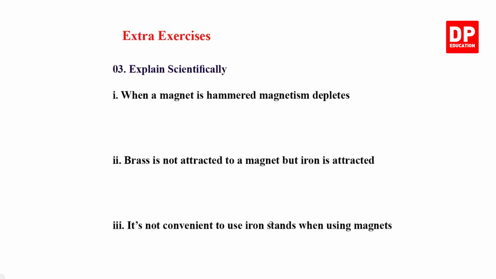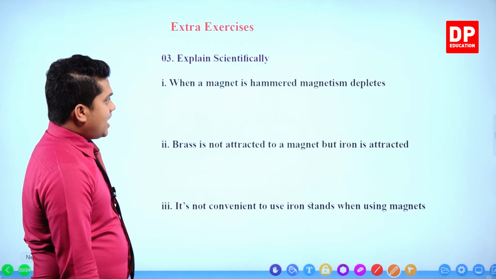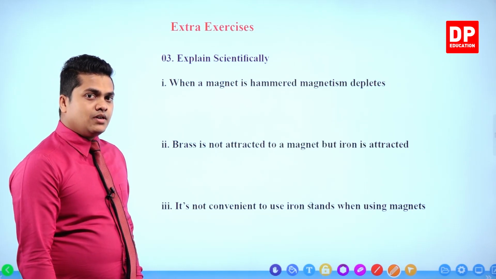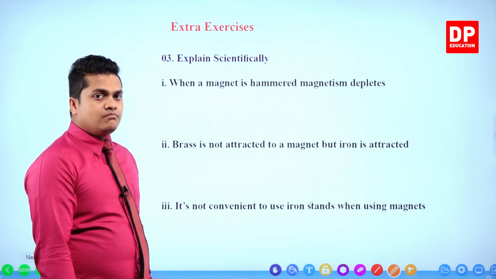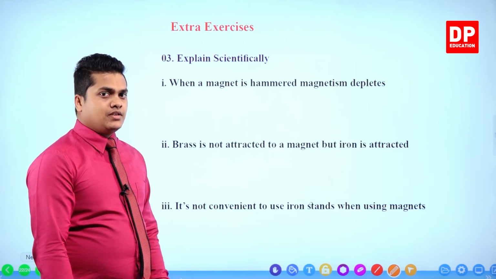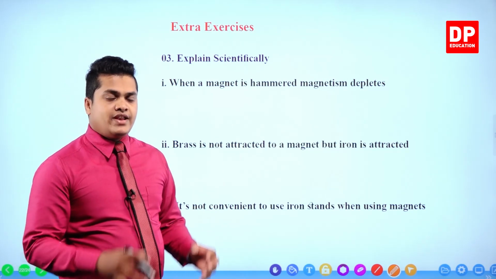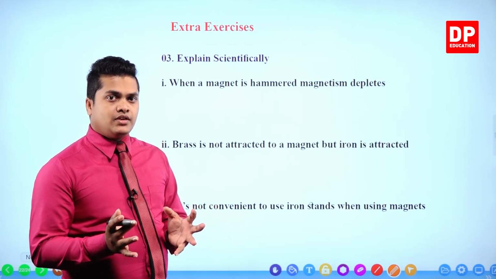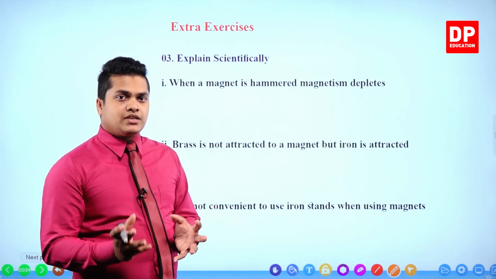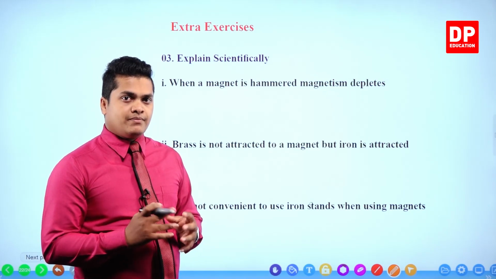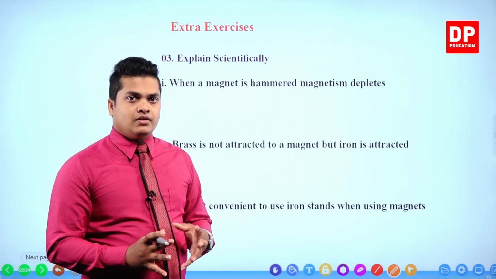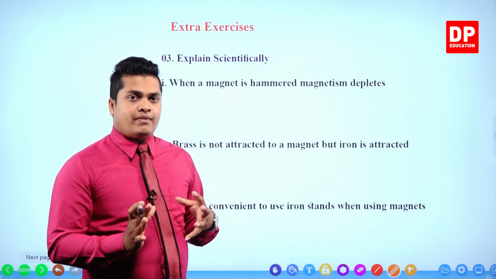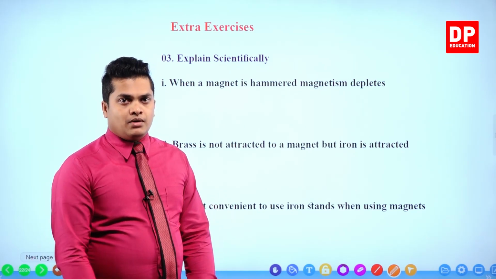Question number 3. Explain scientifically. When a magnet is hammered, magnetism depletes. The reason for this is, when hammering a magnet, it is subjected to a high vibration. Due to vibrations, magnetic power will deplete in a permanent magnet.